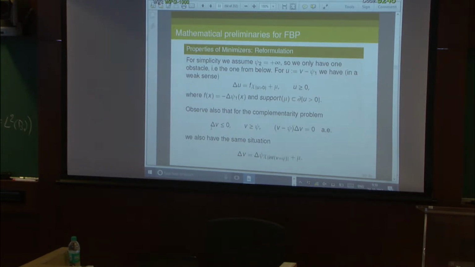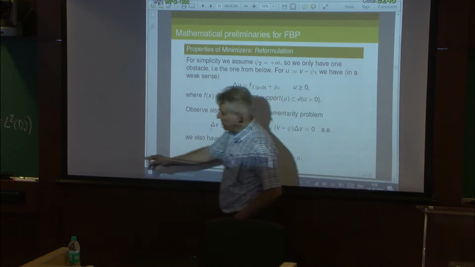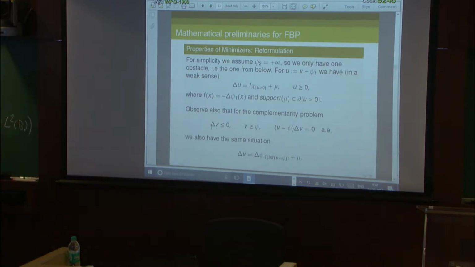F is in L2 means that psi is in W^{2,2}. So W^{2,2} would mean, if you go back here, that the second derivatives are in L2. Then it has a meaning. So you see that the assumptions are very, very little here.